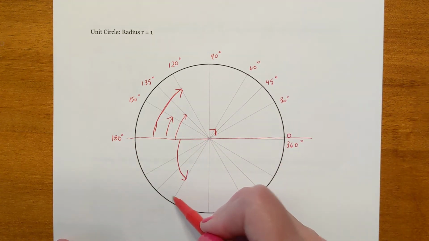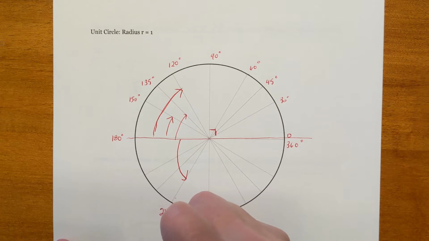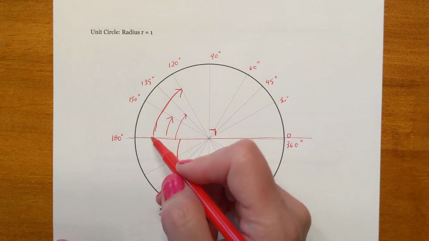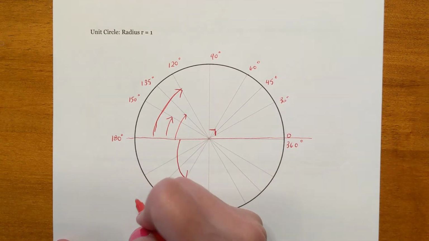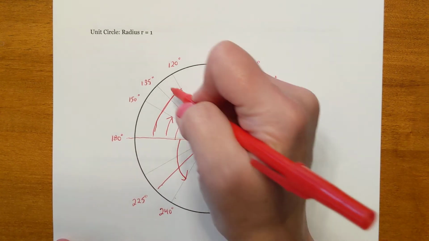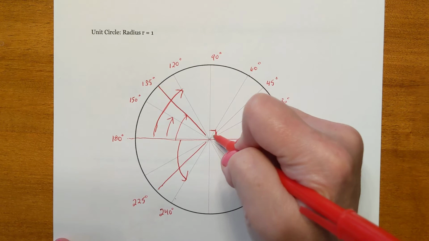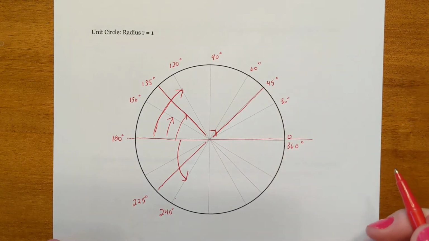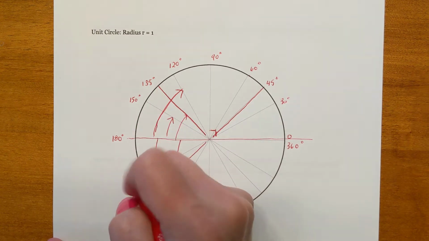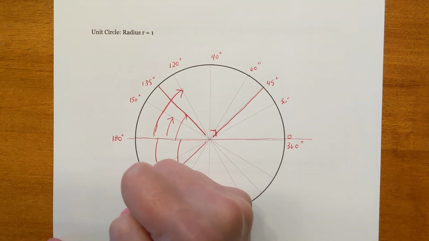180 plus 60 takes you to 240. So technically 240 degrees is a 60-degree angle also. And if you go 180 plus 45, you get to 225. Again, that's a 45-degree angle, just like 135 was 45. Going down 30 degrees takes you to 210.